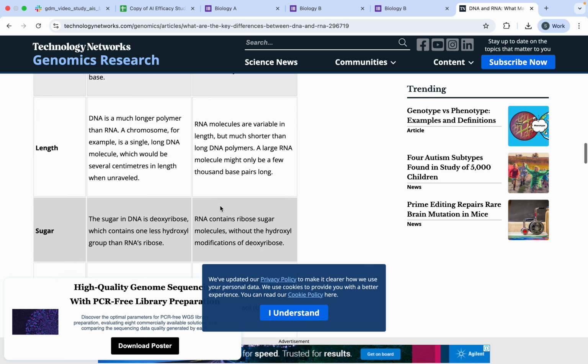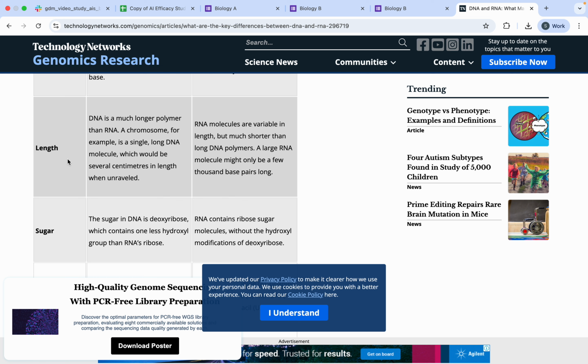And about the length, DNA is a much longer polymer than RNA. A chromosome, for example, is a single long DNA molecule which would be several centimeters in length when unraveled.